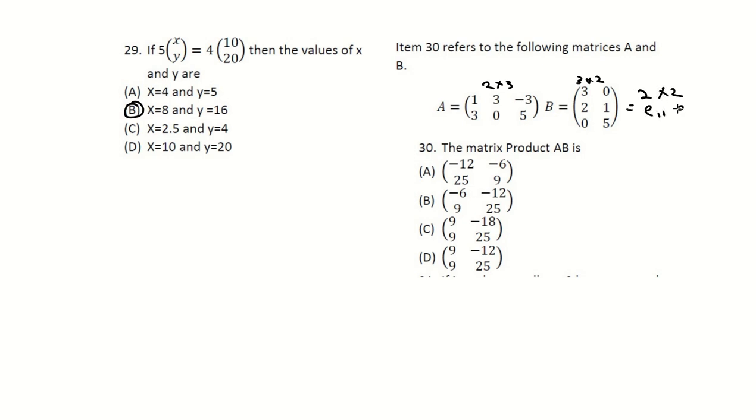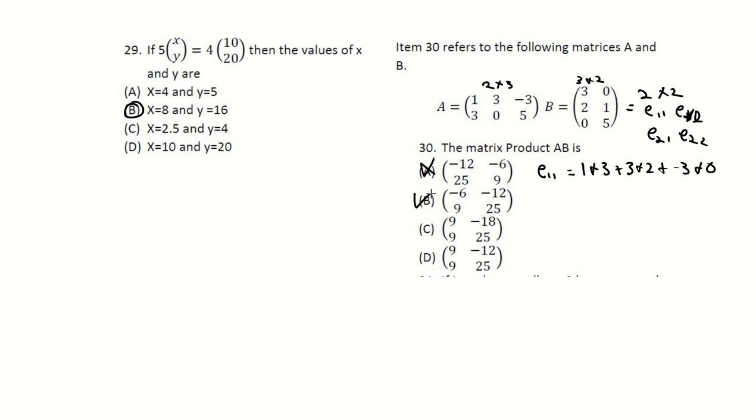So it's E11, E12, E21, and E22. E11 is row 1 by column 1. E11 is equal to 1 by 3 plus 3 by 2 plus negative 3 by 0. That's 6 plus 3 is 9.